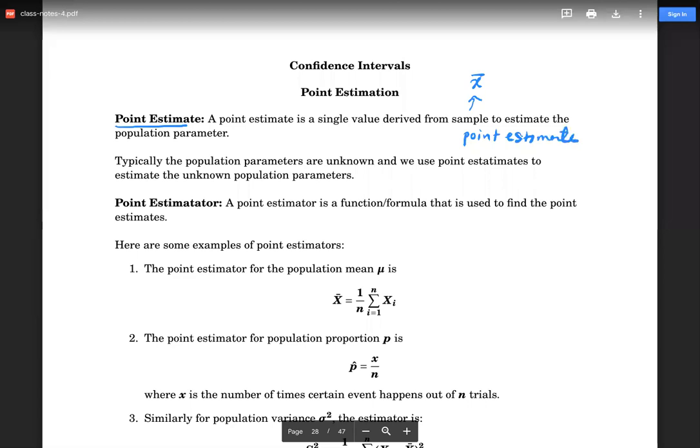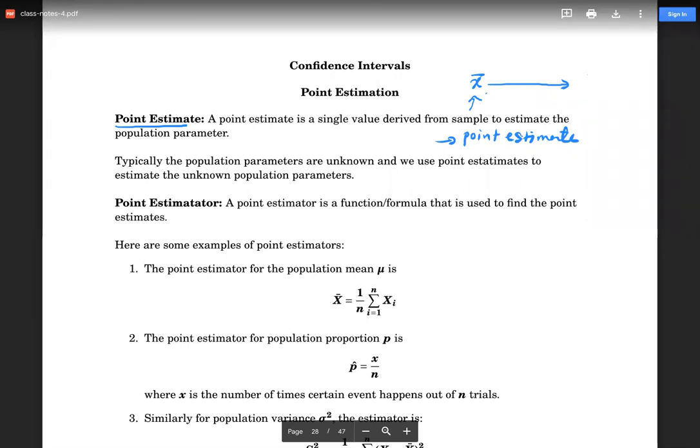And from this X bar, what is my objective? I'm not doing it again for fun, trying to find out what's the average number of hours people watch TV. From that sample estimate, which we call point estimate, we try to approximate the population parameter. That means from this sample, we try to find out, okay, on the average in the entire country, how many hours people watch TV, which is, by the way, anybody remember what symbol is that?